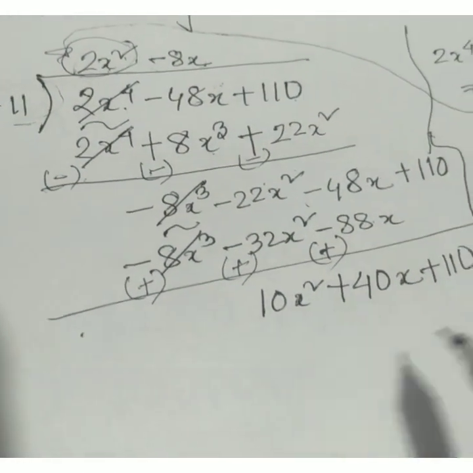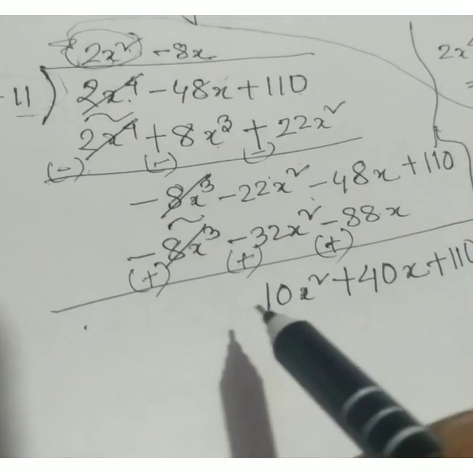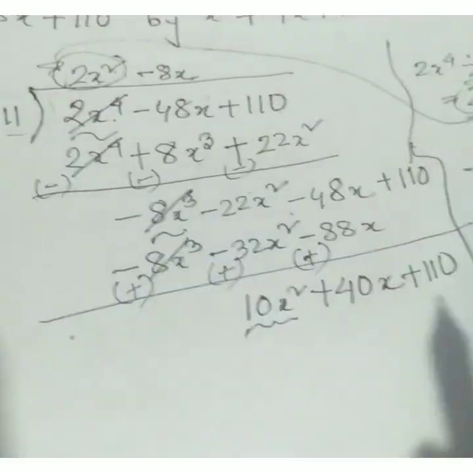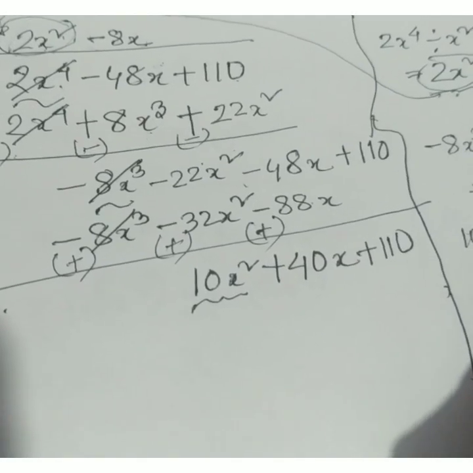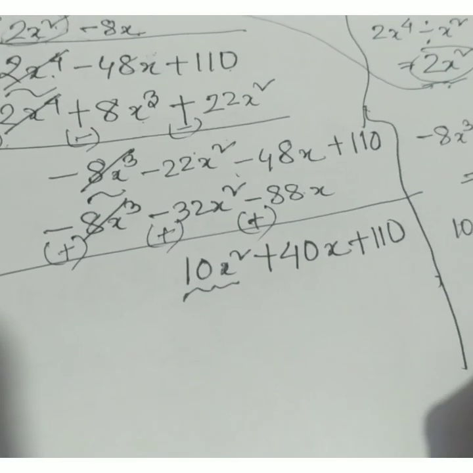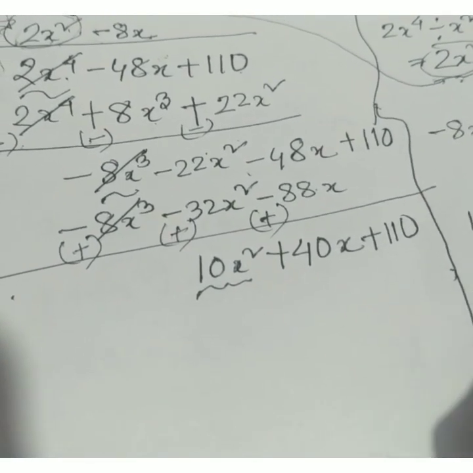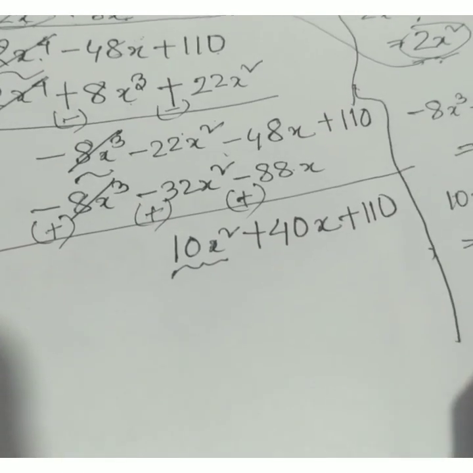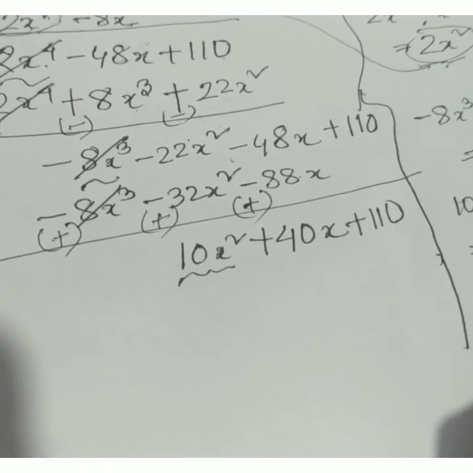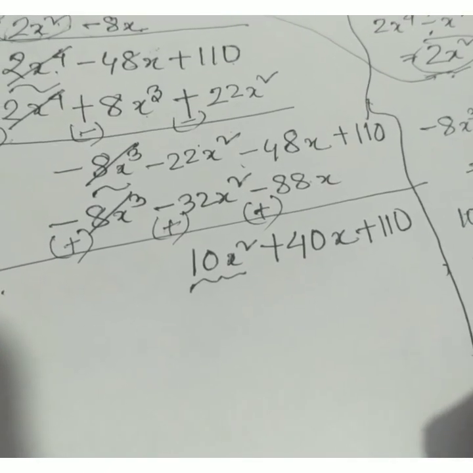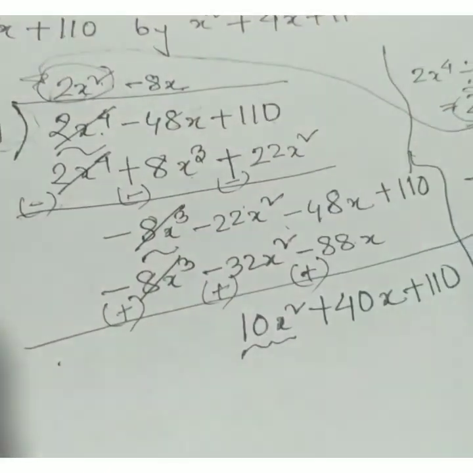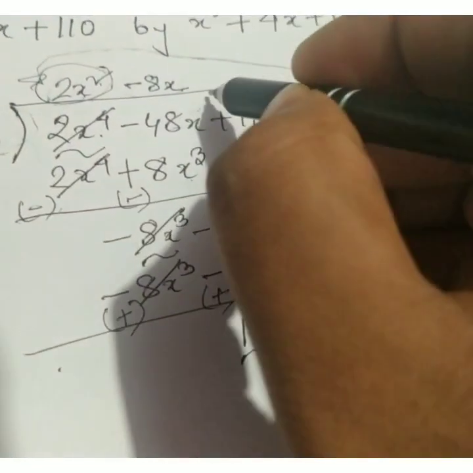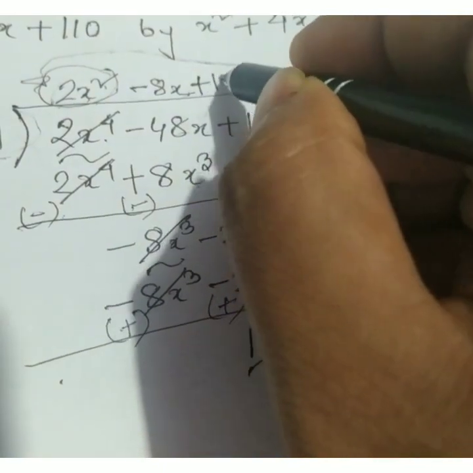So now what? Again, I need to check the first term and the first term over here. So I divide 10x² divided by x². Since there is no number over here, 10 I write as it is. x² divided by x² is nothing, so we just multiply by 10. Since there is no plus or minus sign, we always write a plus 10.